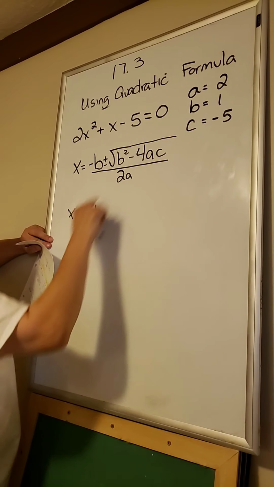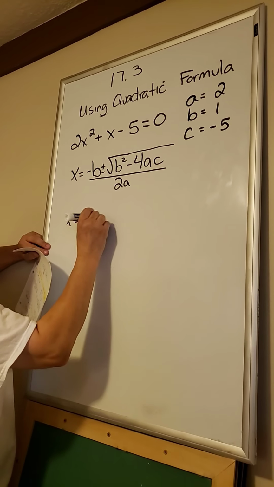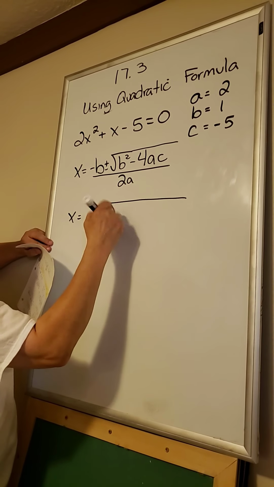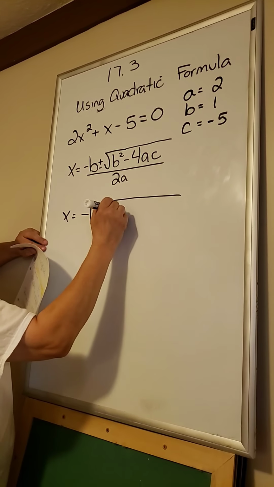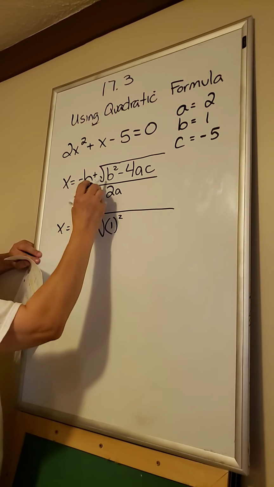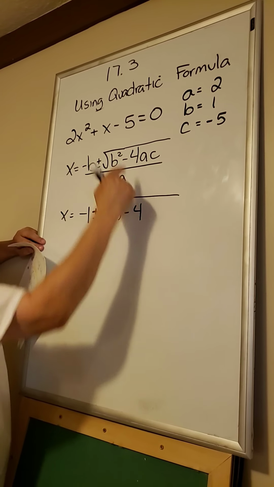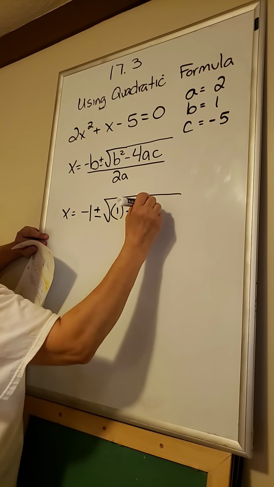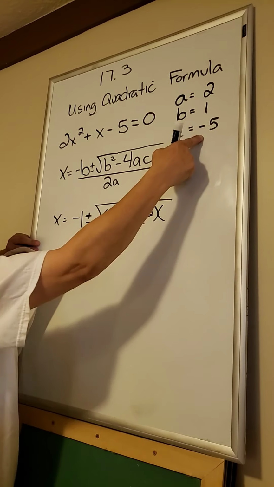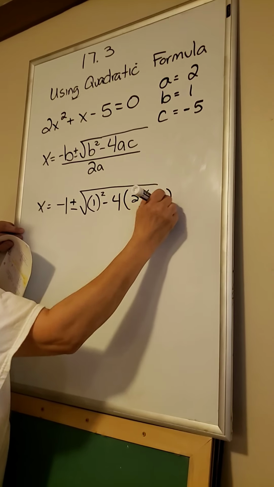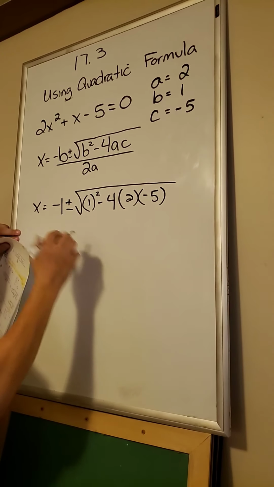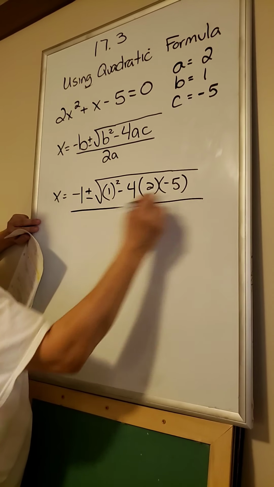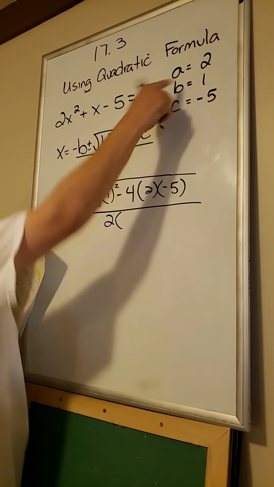My b is 1, I plug that right in, plus or minus radical, b squared, so I'm going to have 1 squared, comes from there, minus 4. 4 is part of the formula, times a, which is 2, times c, which is negative 5. That's all under the radical. This whole top, including the negative 1, is over 2 times a, which is 2.